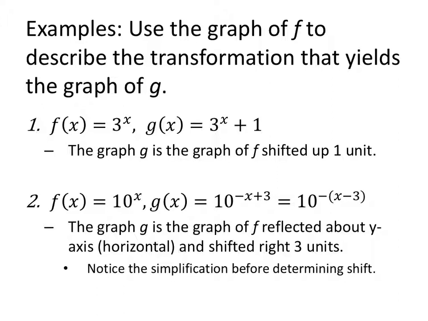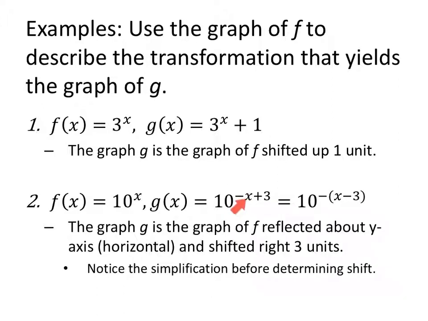So let's use the graph to describe the transformations that yield the graph of g. If we start with f of x equals 3 to the x, and I add 1 on the outside after I've done the exponential, well, then it's going to shift up 1 unit. If I start with f of x equals 10 to the x, and I'm looking at 10 to the negative x plus 3, well, I'm going to factor out the negative.